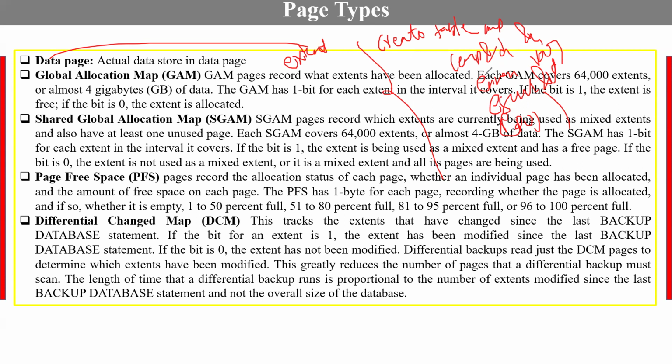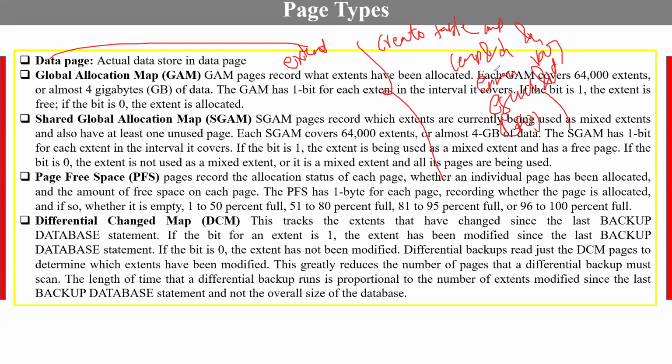So from where is that extent coming? From a GAM page. So whenever you are creating a table, first it will go to the GAM page and get the extent and store your table information in that extent. That extent again contains data pages only, sir.